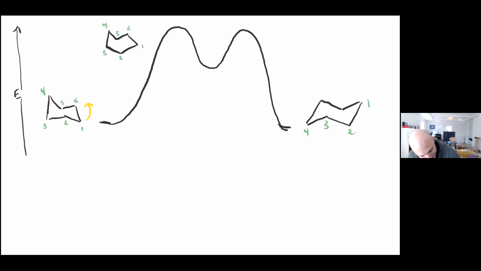So basically 5... Okay, so I'm bringing one up, and then the 5, 6, 1, 2, 3 are almost coplanar. C4 is above that plane. Okay, and then I keep moving one up, and I get to my twist boat.